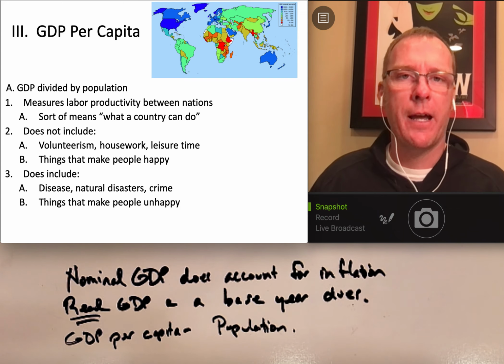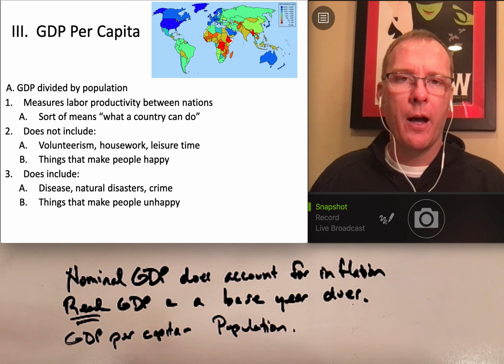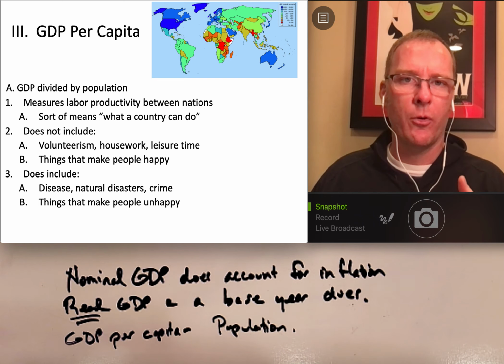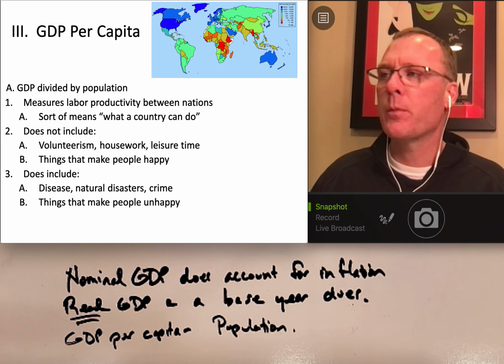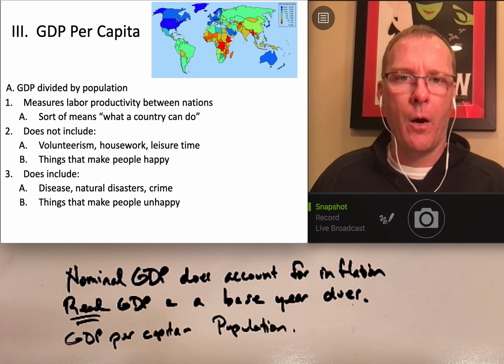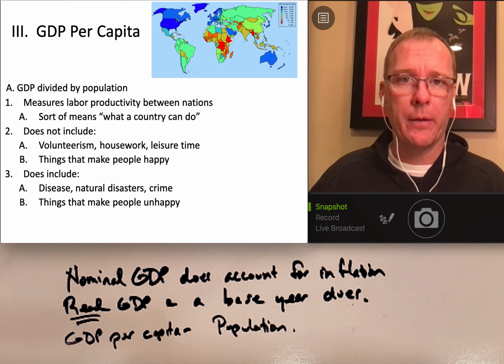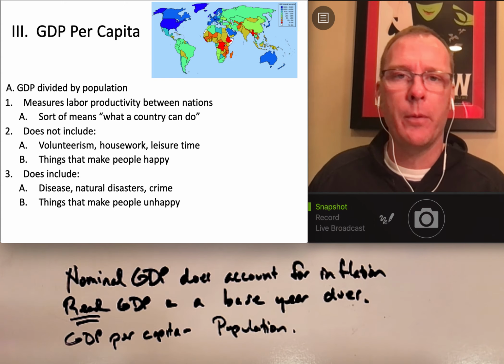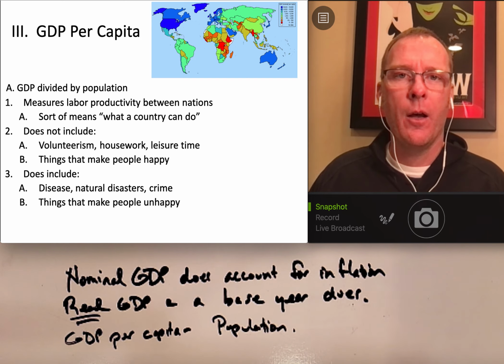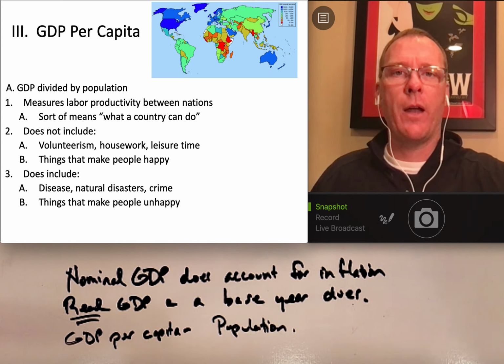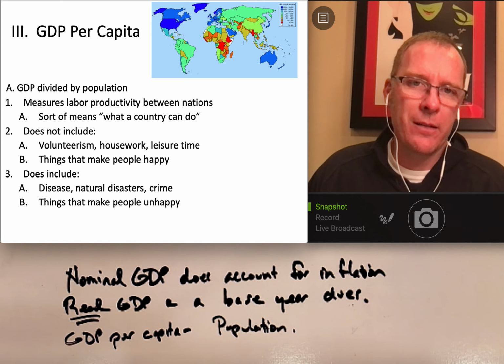If a hurricane comes in and wipes out your town, or a tornado tears through your town, you have to rebuild. That all adds into GDP. If somebody throws a rock through your window, crime happens, well, you have to buy a new window, and that adds to GDP. So it's weird sometimes that things like volunteering don't add in, but things like someone vandalizing something that causes you to have to clean it up or deal with it will add in.